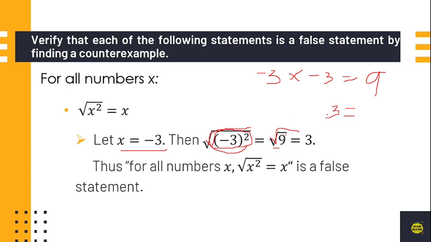Okay, 3 man ang iyang final answer, then negative 3 man ang ato ang isa ka x. If we substitute negative 3 to the power of 2, the result is 3, and 3 is not equal to negative 3. So hindi siya pwede maging equal. So false na siya. Thus, for all numbers x, the square root of x squared equals x is a false statement because 3 is not equal to negative 3.